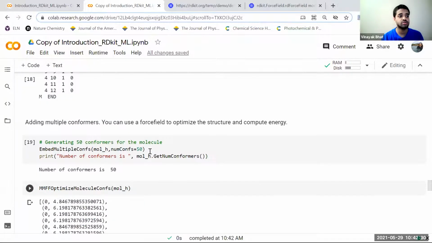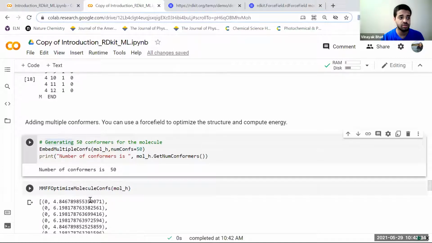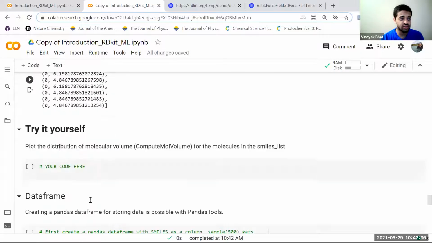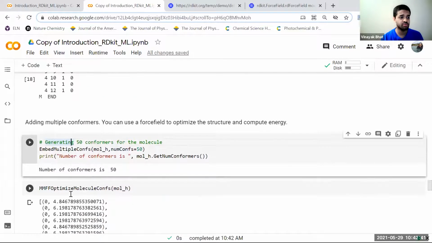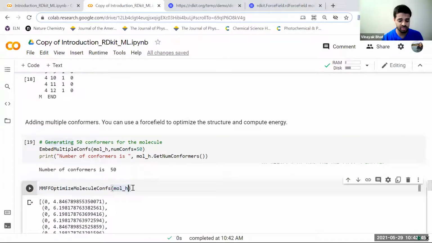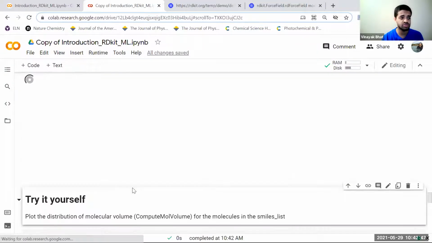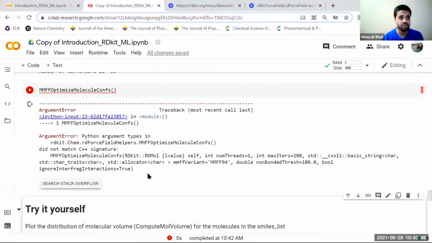If I do this molecule conformers, I have generated 50 conformers here. So I should be having energy for all those 50 conformers, right? And this is MMFF optimization. By default, I think there's something which is done. Let me see, number of threads, max iterations.